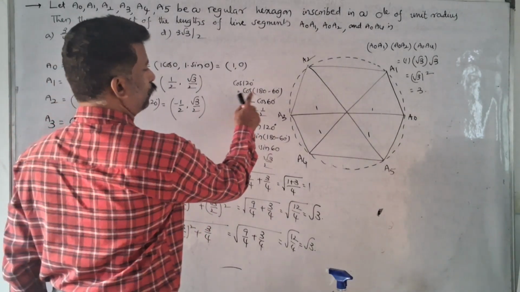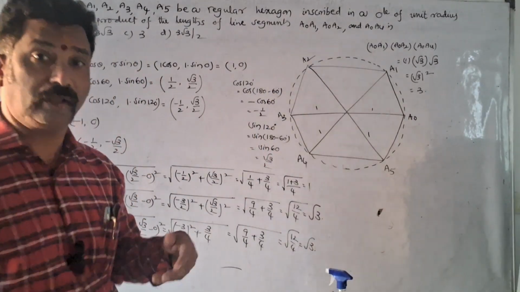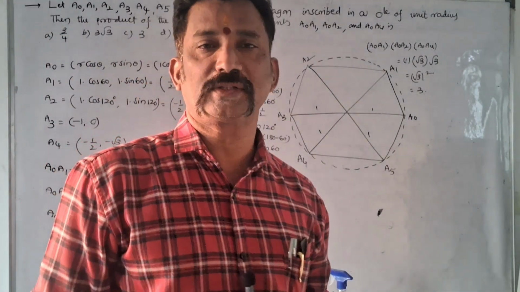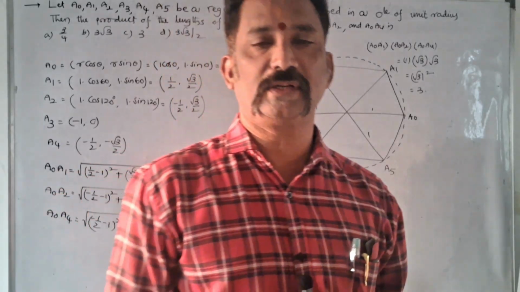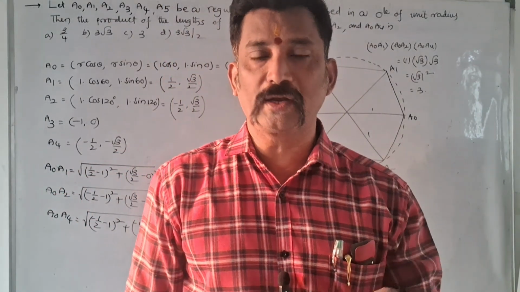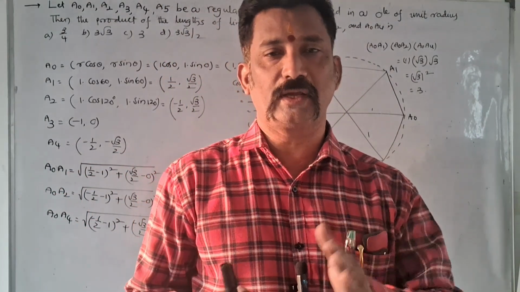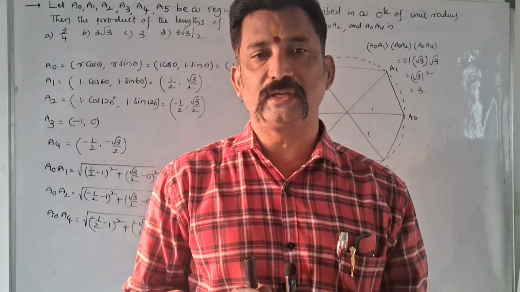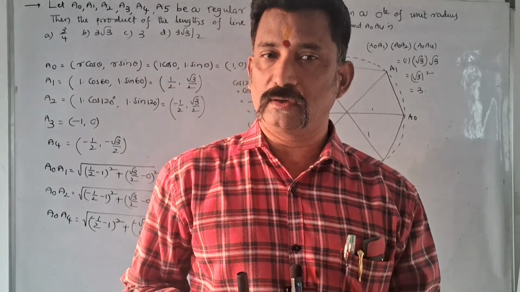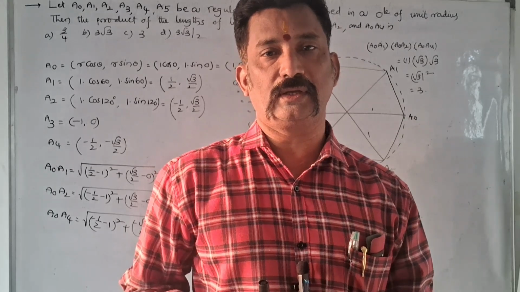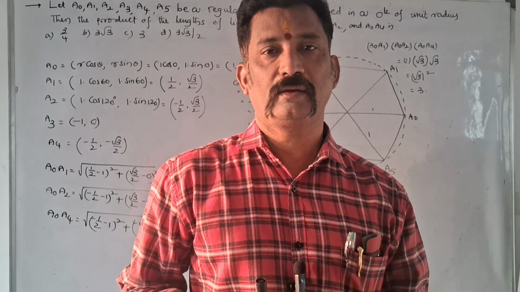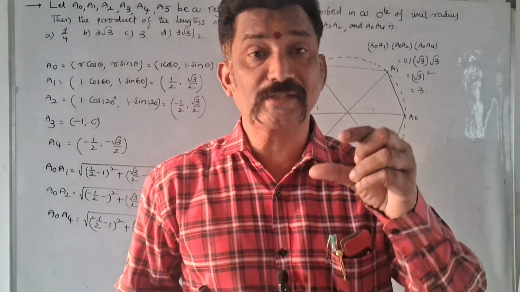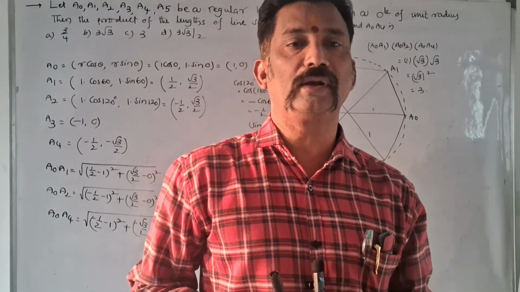Cos 120 is equal to cos of 180 minus theta. If the angles are 180 plus or minus theta, 360 plus or minus theta, then the trigonometric ratios cannot be changed; sin, cos, tan, cot, secant, cosecant. The signs depend on the given quadrants.